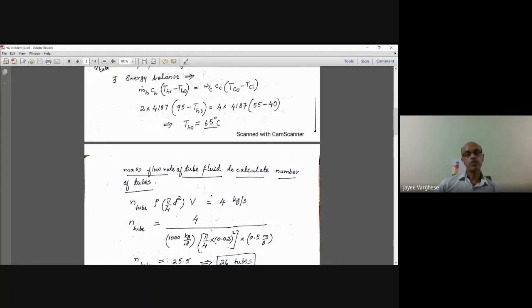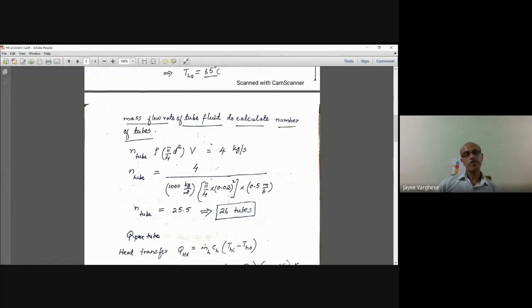Therefore, number of tubes is equal to 4 divided by rho, which is 1000 kilogram per meter cube, area is pi by 4 into 0.02 whole square because 2 centimeters is the diameter of the tubes, which is given in the problem, and velocity is 0.5 meter per second. Substituting the values, we will get number is equal to 25.5. So we cannot have a fraction as a number of tubes. So we'll go for 26 tubes. So number of tubes is 26.